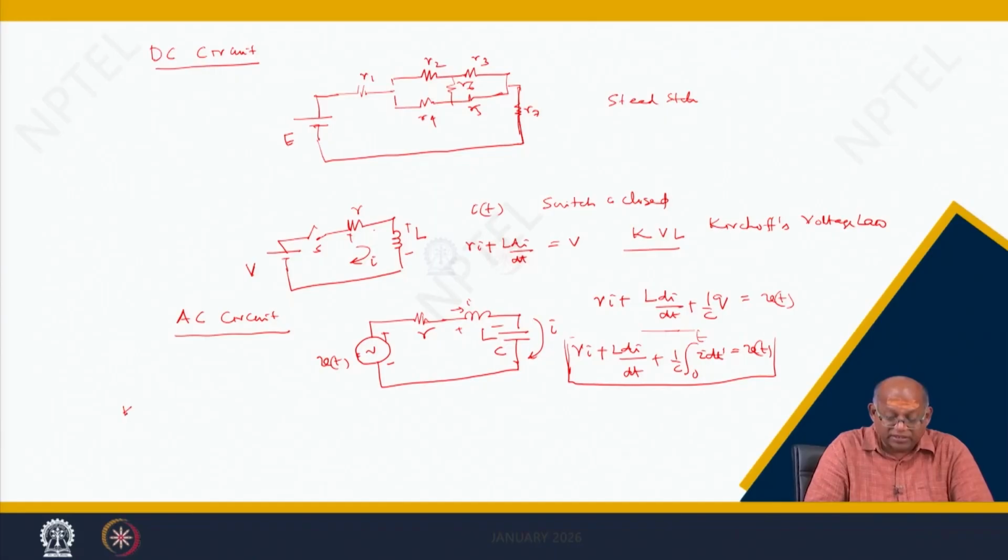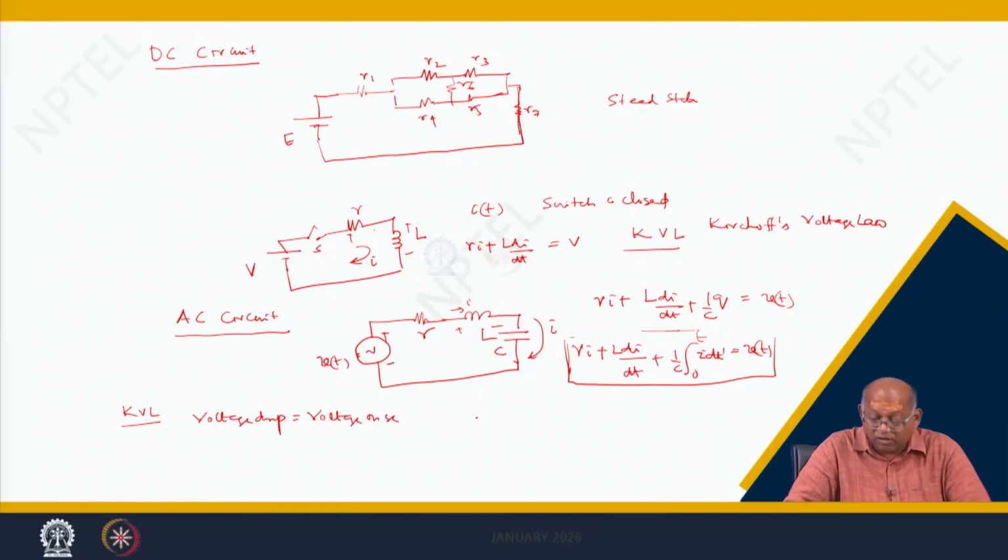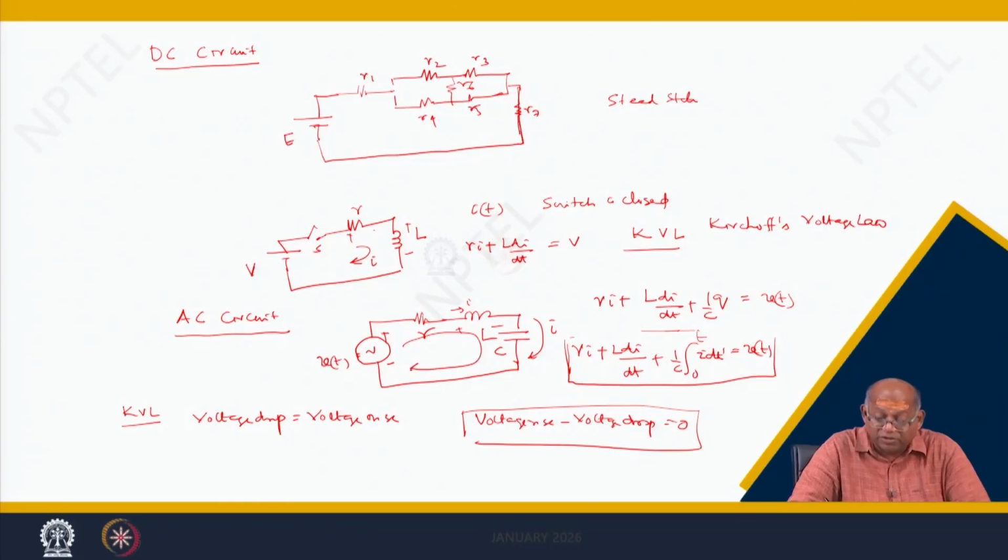That means KVL tells you that the voltage drop should be equal to the voltage rise, or voltage rise minus voltage drop should be equal to 0. If you consider rise to be positive and drop to be negative, the total voltage around the loop, this is one loop, will be 0.